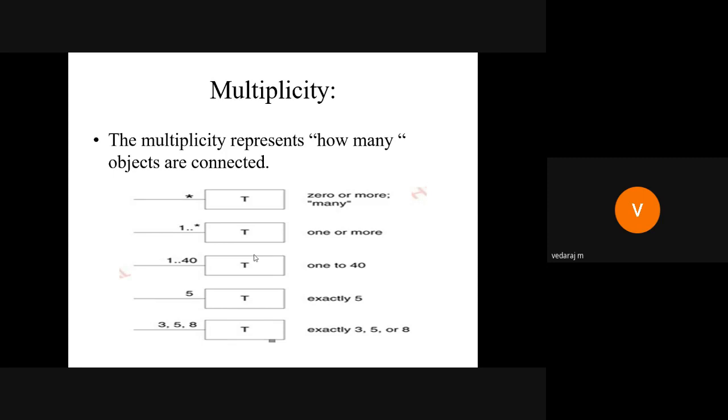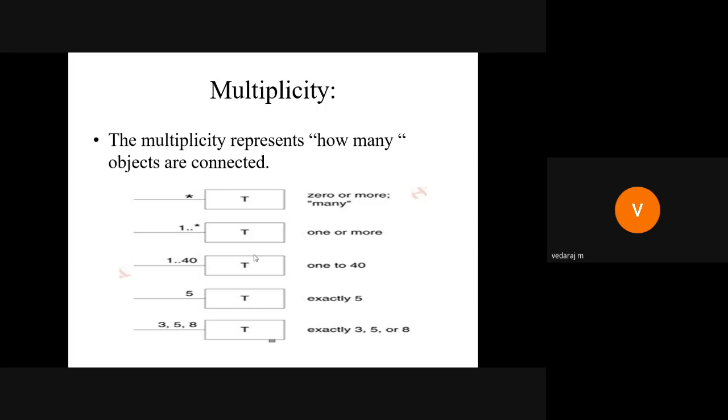The 5 represents exactly 5: exactly 5 objects are connected, for example 5 students connected with a single course. 1..* represents 1 to many. Asterisk represents many. So multiplicity represents how many objects are currently connected. This is called multiplicity.